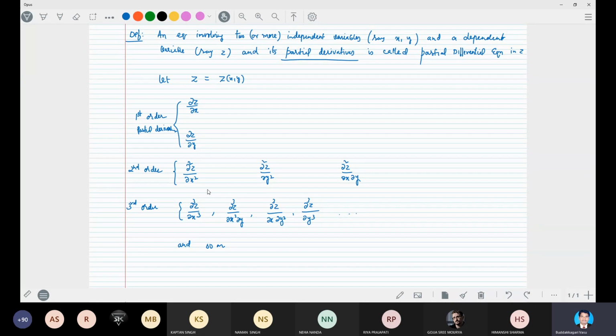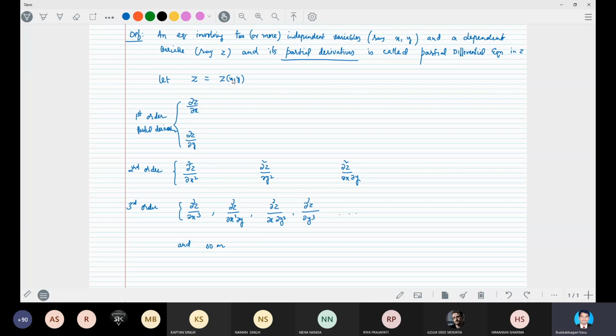For the particular function we used to understand the partial differential equation, z is a single dependent variable and depends on two independent variables x and y.